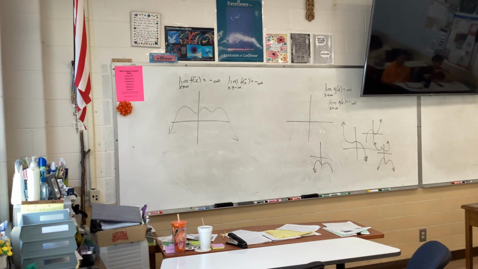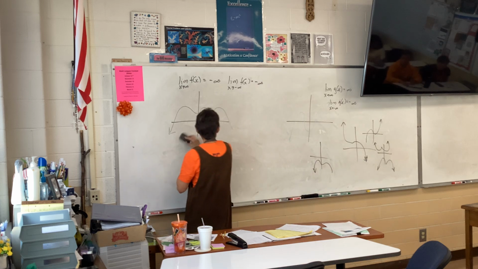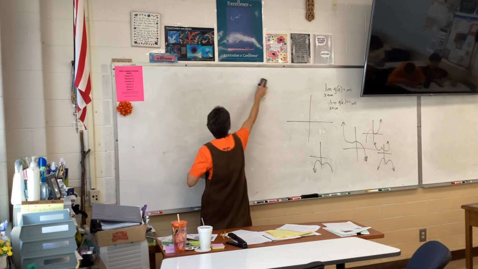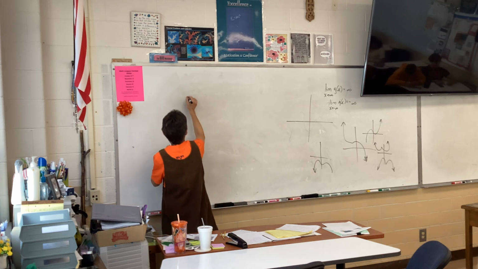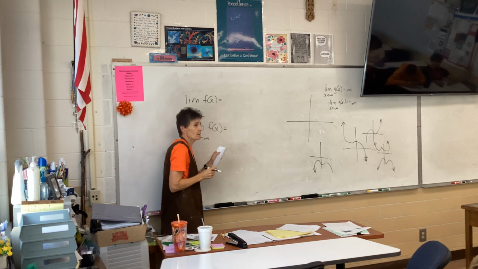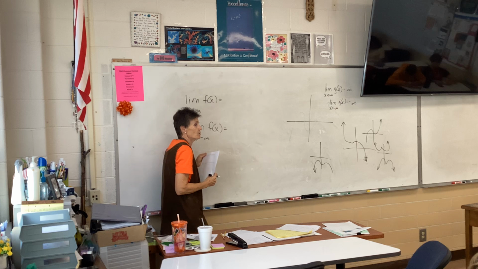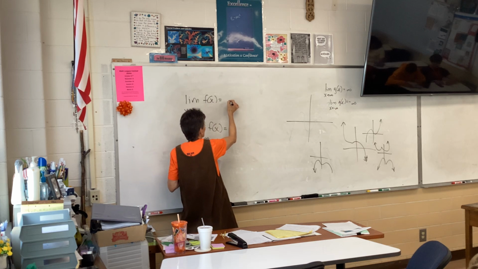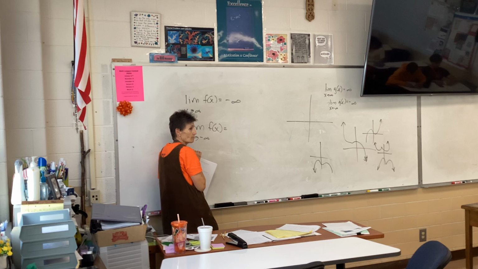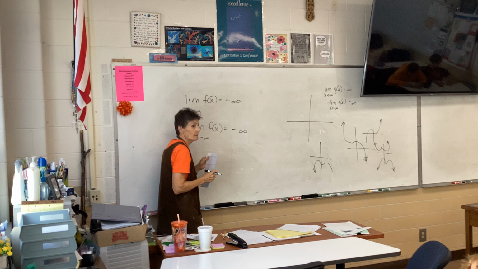Write limit statements for the end behavior. Alright, so no more of this down, up stuff. Now we've got to use our limit notation. So negative 3x to the 4th. It's a negative even, so on the right side, it's going to be down, and also on the left side.